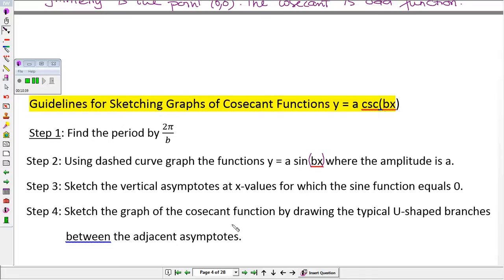And lastly, between 2 consecutive vertical asymptotes, because you have 3 of them, you will end up with a U shape. So there are 2 U shapes between 3 consecutive vertical asymptotes. Make sure you write these steps down, please. Then we are going to practice now.